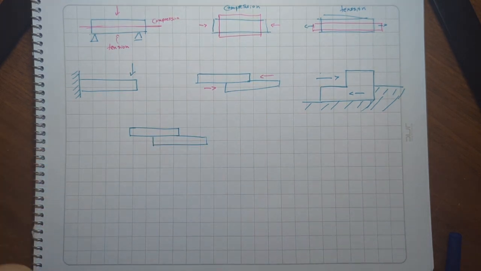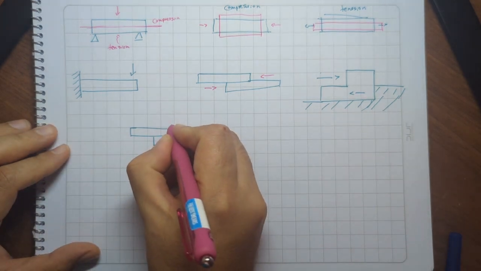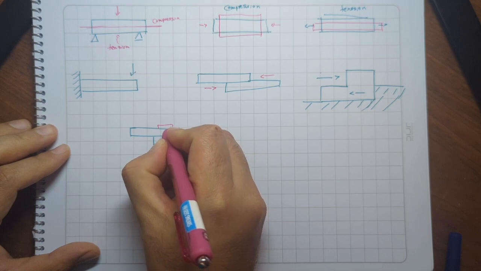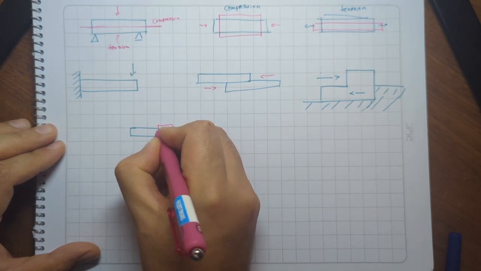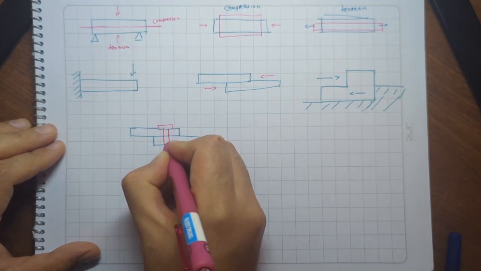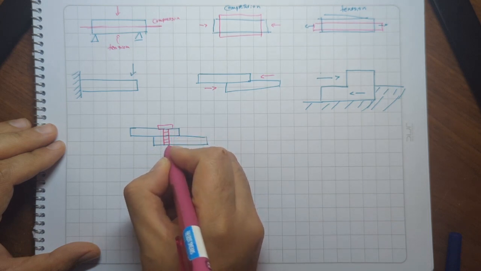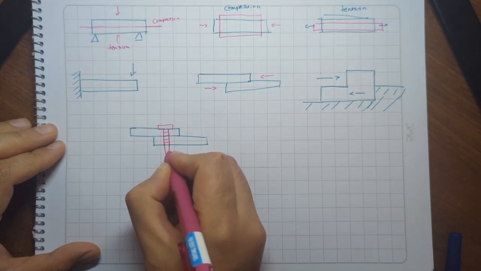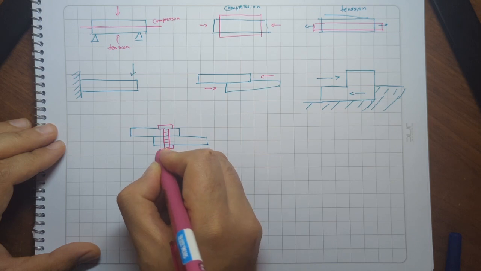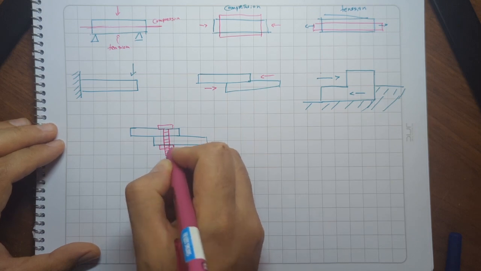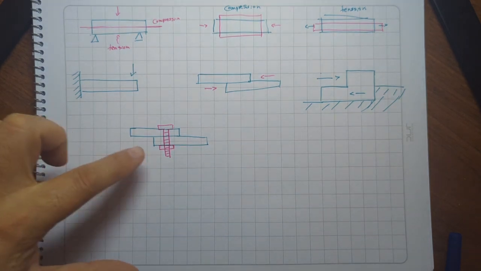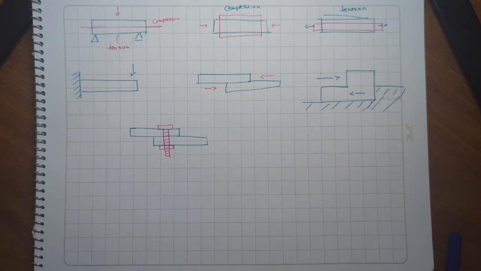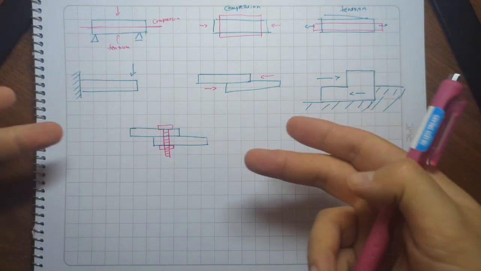If you want to use a big bolt like this and stick these two materials to each other, the object is going to develop shear stress, because why are we putting this bolt?